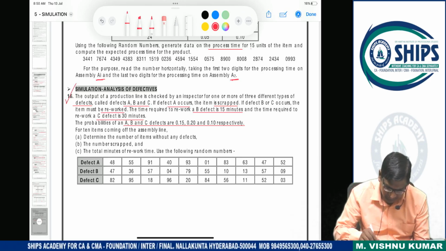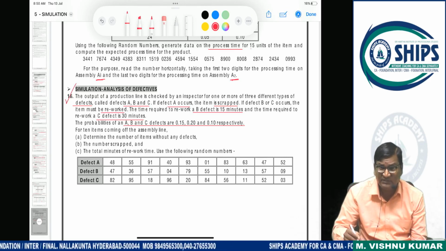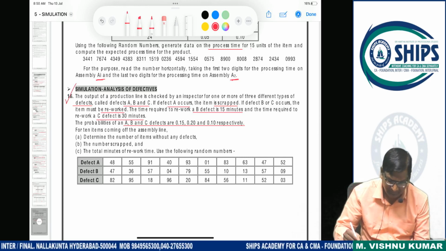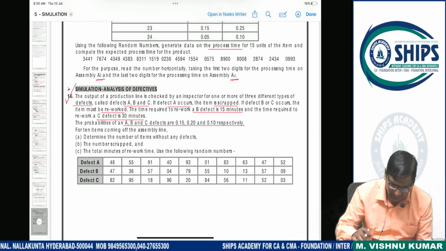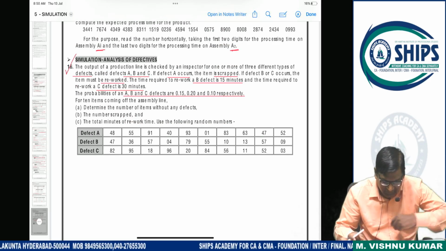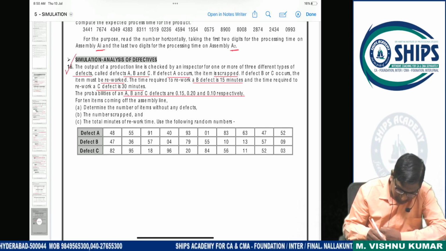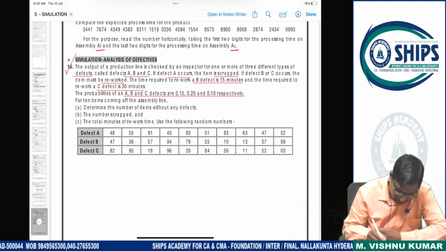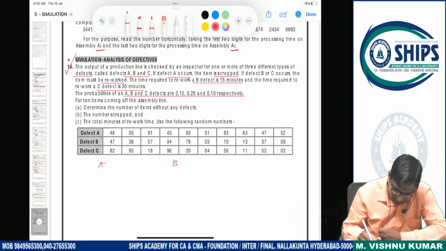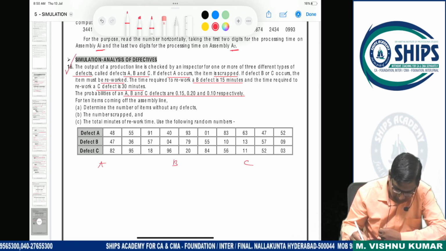Determine the number of items without any defect, the number of items scrapped, and the total minutes of rework time using the following random numbers. So this is a very simple question. First, what is required here? First you have to prepare the random number range for defect A separately, B separately, C separately.